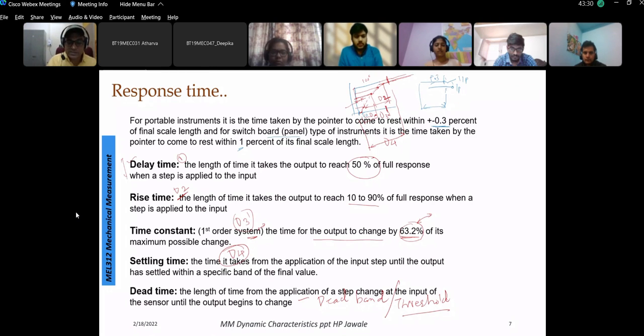So I'm saying it is similar to dead band. Why is it not called a dead band again? Because it is not the steady input, it is not the static characteristics. It is the dynamic characteristics, where the system is going to respond to the time dependent change in the input value. So I think we'll move ahead.